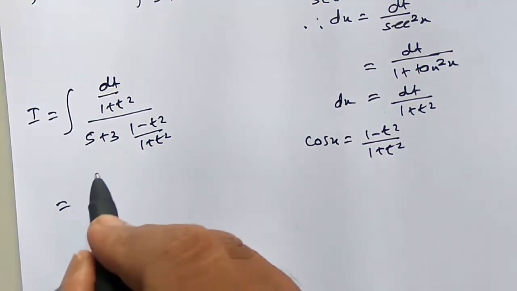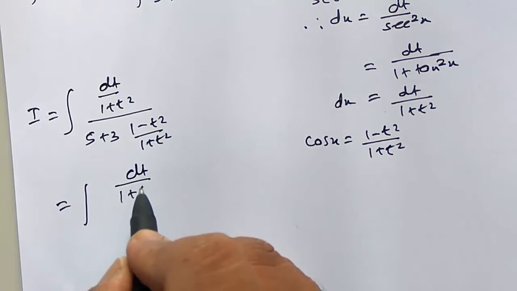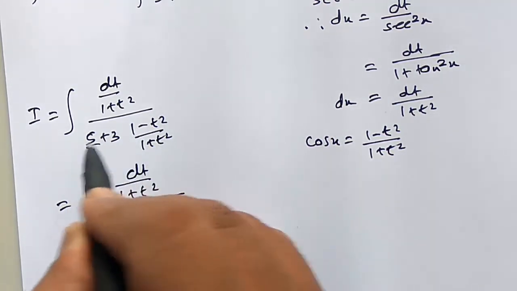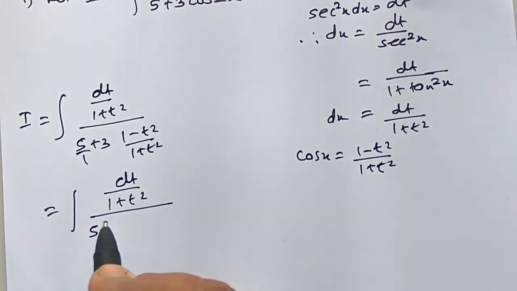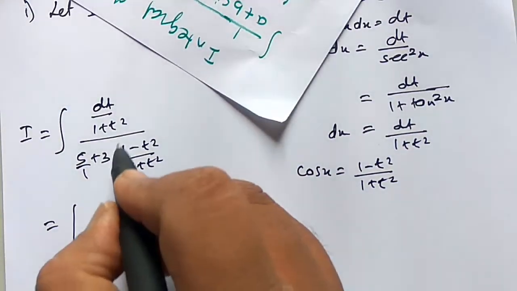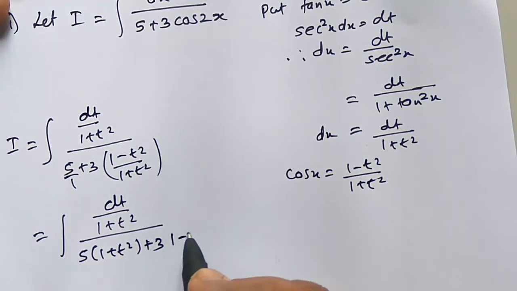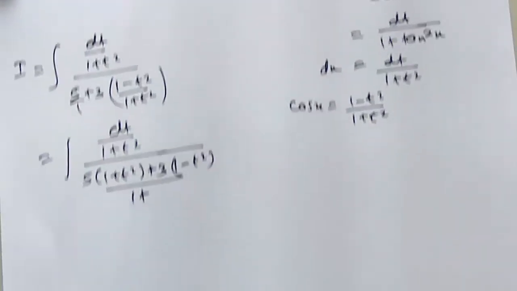This is equal to integration dt upon 1 plus t square upon, here the LCM is 1 plus t square, so we multiply 1 plus t square to the 5: 5 into 1 plus t square plus 3 into 1 minus t square, divided by 1 plus t square.